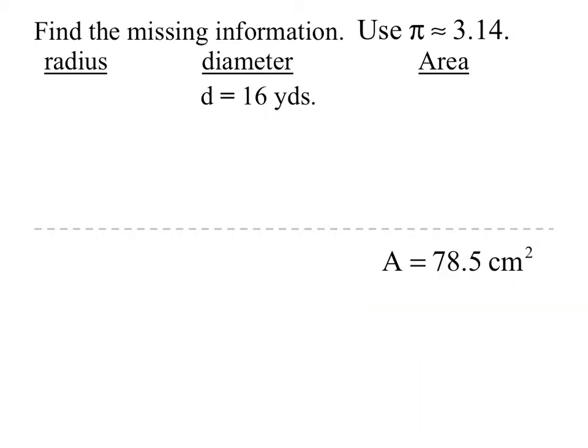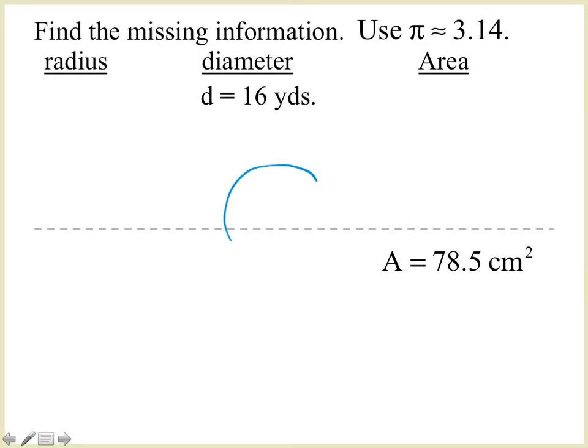All right, so now let's do a little bit of practice. If I'm given my diameter, how would I figure out my area? The first thing you're going to need to do is figure out what's your radius. If my diameter is 16, now let me just draw a quick little circle for you. If this is it, they're saying that the entire thing is 16.